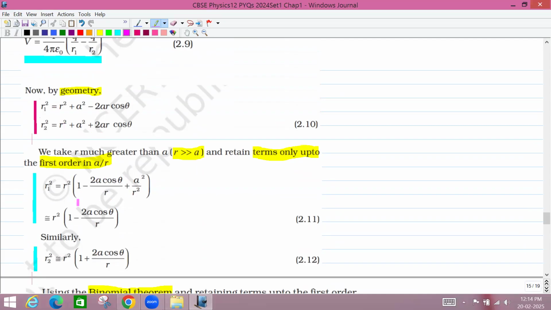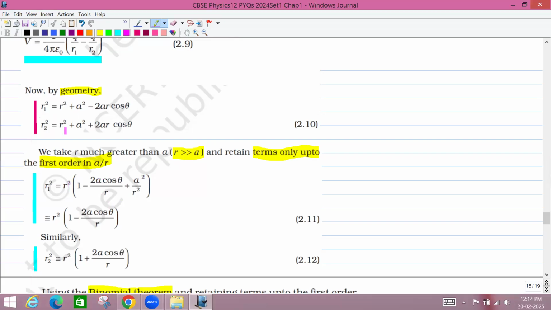So in this one, I can take r square outside. It will become r square into 1 minus 2a cos theta by r plus a square by r square. So a by r is delta, and this is delta square. When delta is very small, delta square can be neglected. So neglecting this term, I'll get this one.